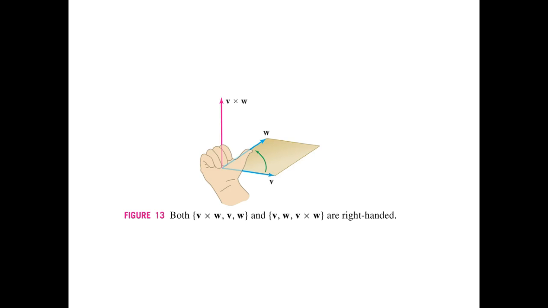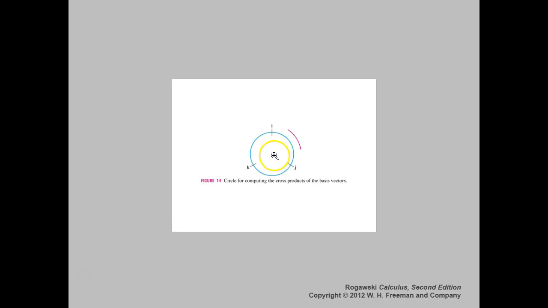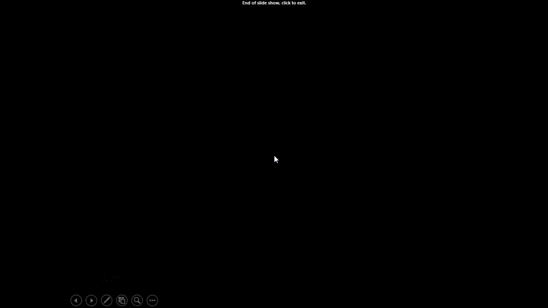If you start with this as your first one, 1, 2, 3, and then do the same order, either 2, 3, 1, or 3, 1, 2, as long as you keep them in that same order with crosses, you got a right-handed system. So yeah, that works there. All right, here's a summary. There's that IJK thing again, just like we showed it before. They're showing it again for the summary, and I think that's it.